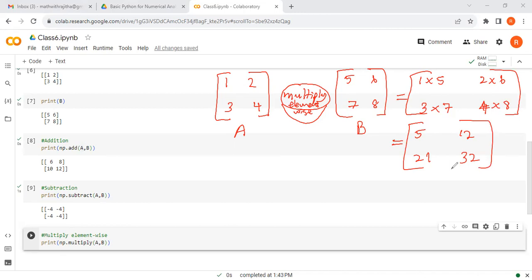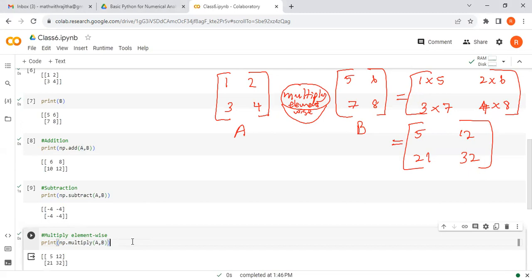Let's see if we are getting that from the multiply function in Python NumPy. 5, 12, 21, 32. Correct. We are correct.